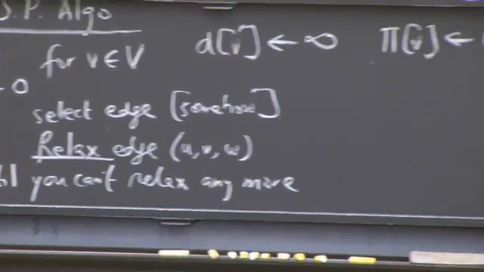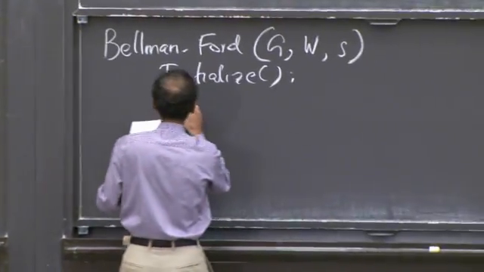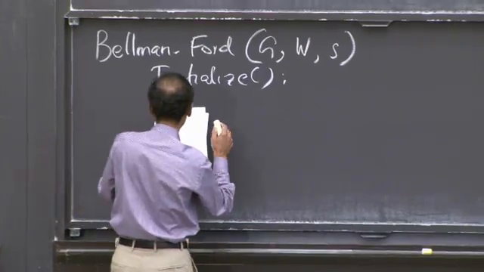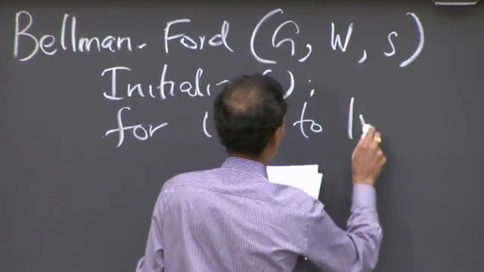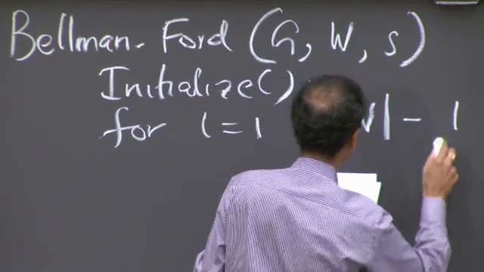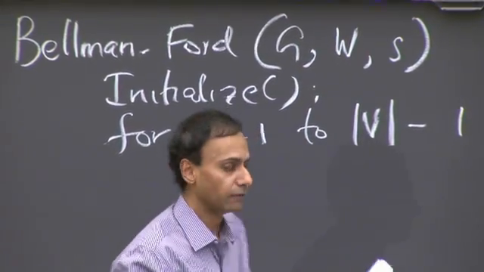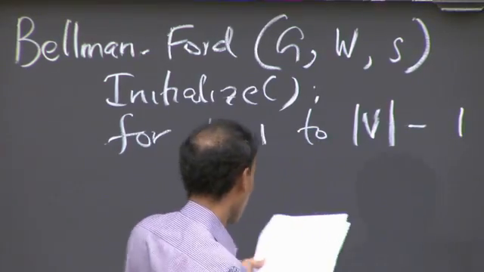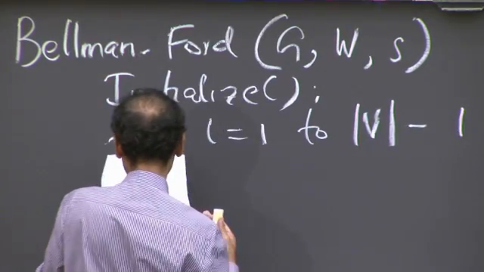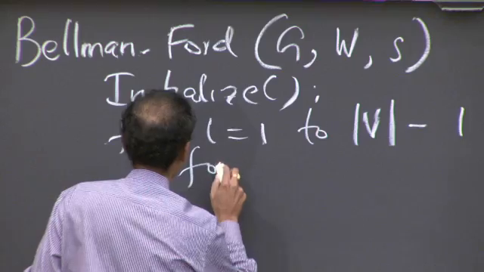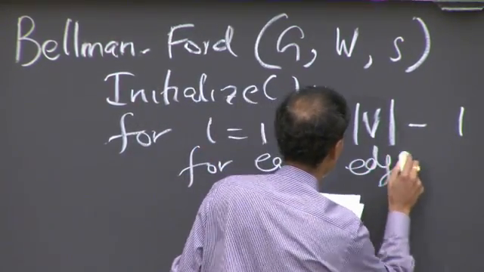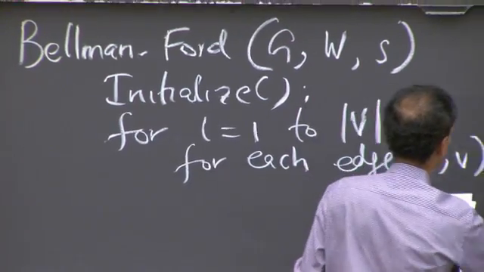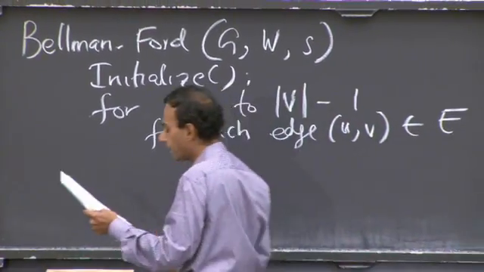So we do an initialization, and then this algorithm has multiple passes. It goes for i equals 1 to v minus 1. So it does v minus 1 passes, roughly order v passes, where v is the number of vertices. And in each of these passes, for each edge uv belonging to E, it relaxes every edge.